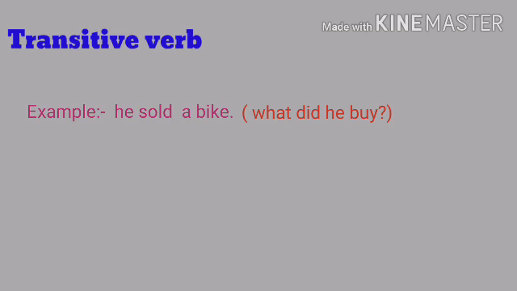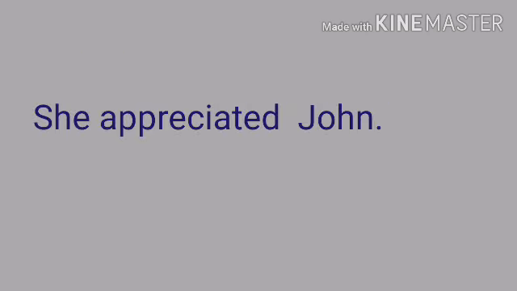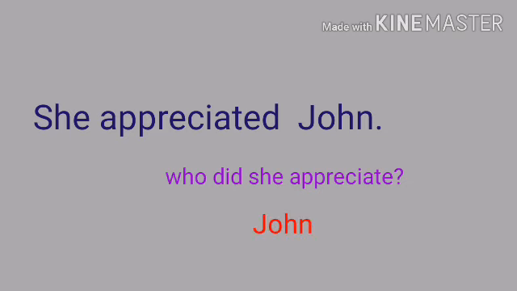Let us see another example. She appreciated John. In order to find out the transitive verb, I will ask the question, who did she appreciate? And I will answer John.